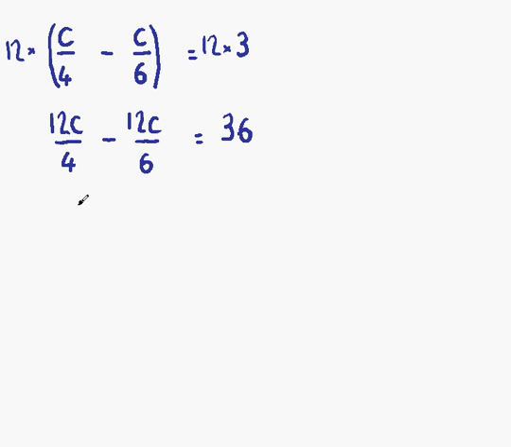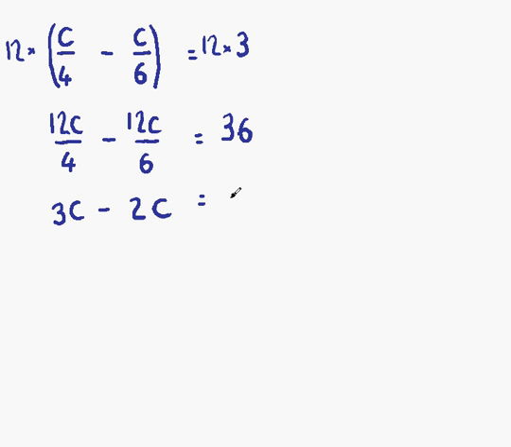Both fractions should disappear. 12 divided by 4, well, 4 goes into 12 3 times, so we have 3c. I'm going to take away, and then we have 12 divided by 6. 6 goes into 12 twice, so that's 2c.